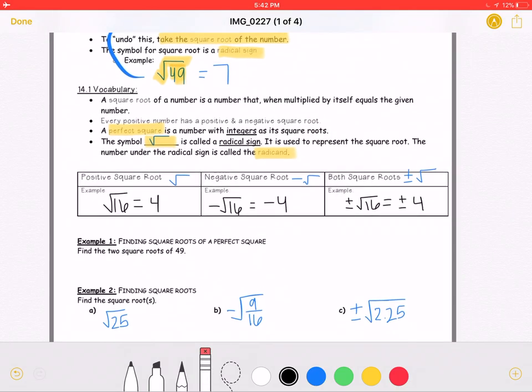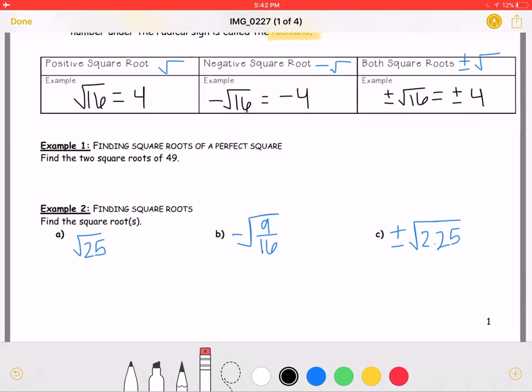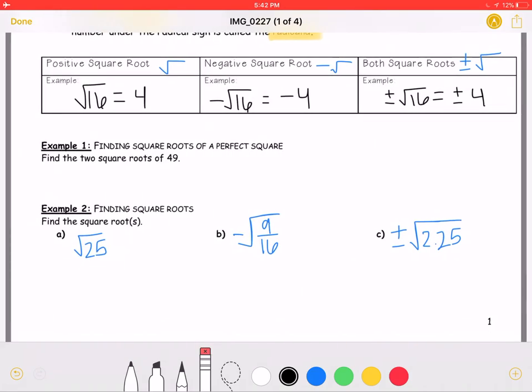Let's do some examples. First example, find the square root of a perfect square. So what are the two square roots of 49? Now remember, before I told you a square root has both a positive and a negative value. We did the square root of 49 is 7, because 7 times 7 is 49.